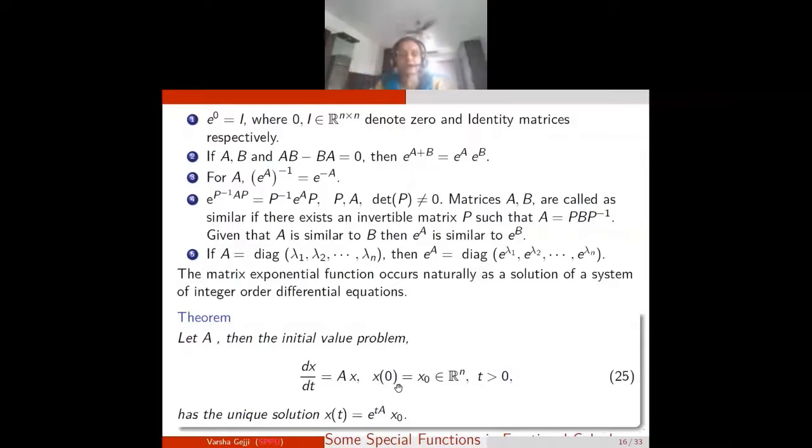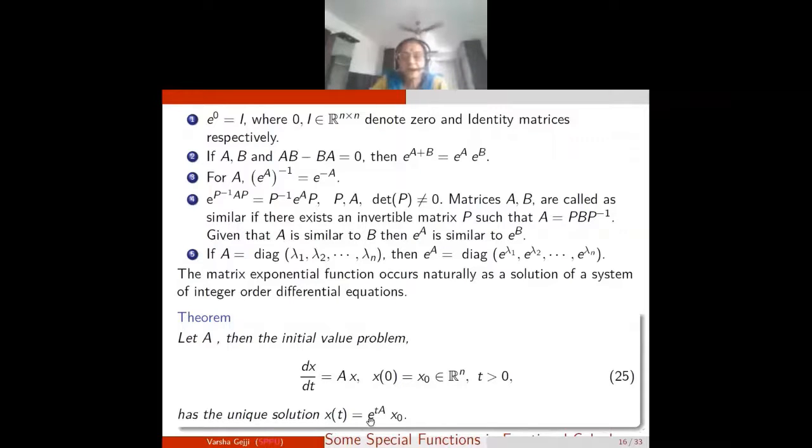So dx by dt is Ax, where x is now in Rn, it is a vector x1, x2, xn, and x1 dot, x2 dot, xn dot is a column, A is an n by n matrix. So this is a linear system with x(0) equal to x0, and x0 also has these n components.